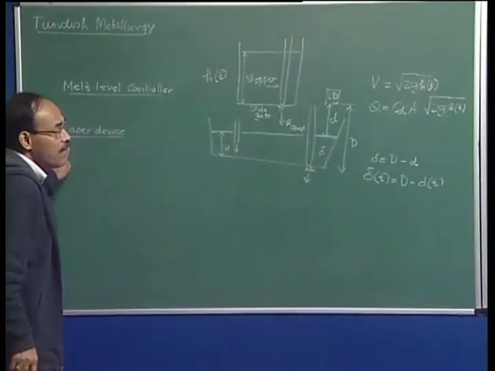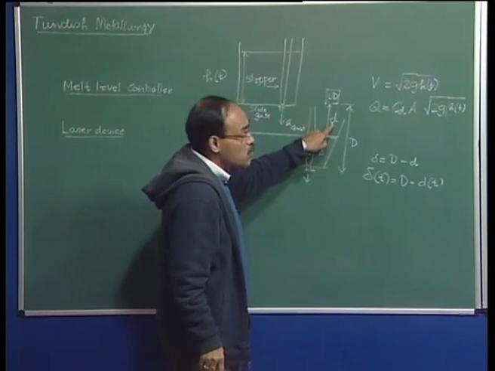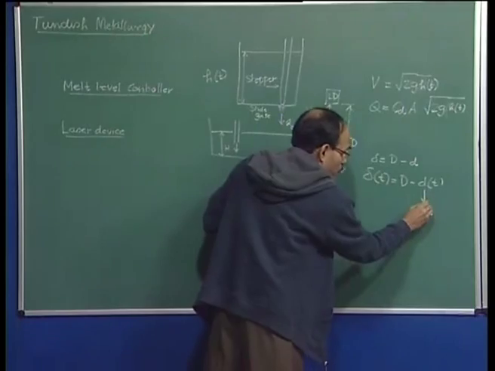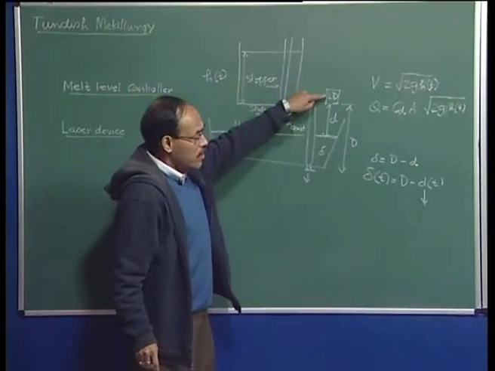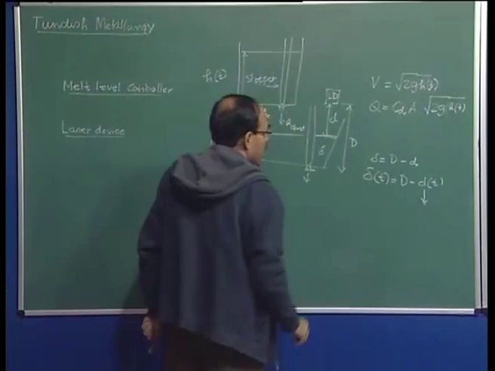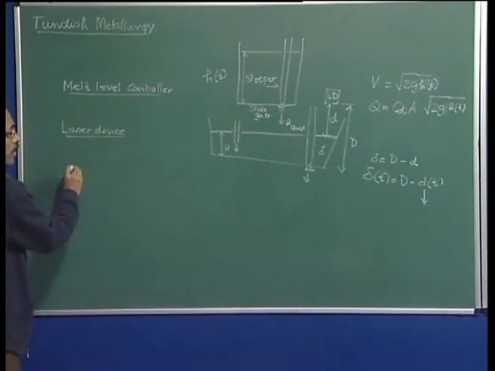So, the laser device would be able to find out, depending on the response the laser gets from the melt surface. This is the input into the laser device, and then the laser device produces an output, and this goes to what is known as a control algorithm.